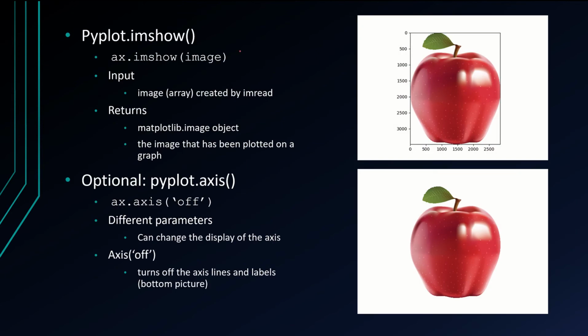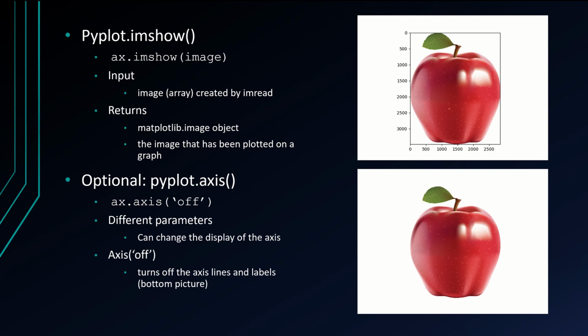Next, we have pyplot.imshow, and in our code it was ax.imshow with the image. The input is the image array that we have created by the previous imread function, and it will return a matplotlib.image object, and that image has been plotted on the graph. So this will show the graph here.